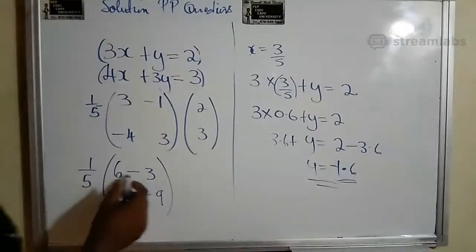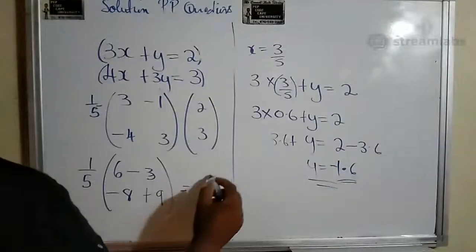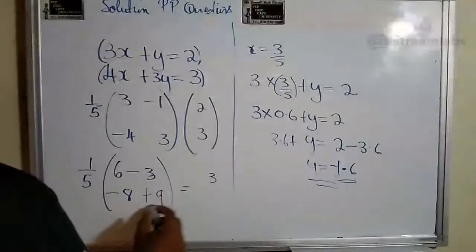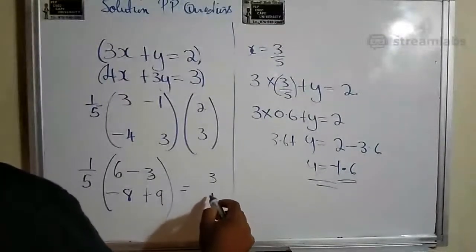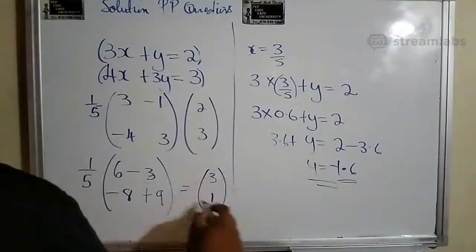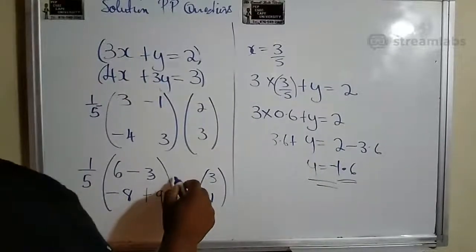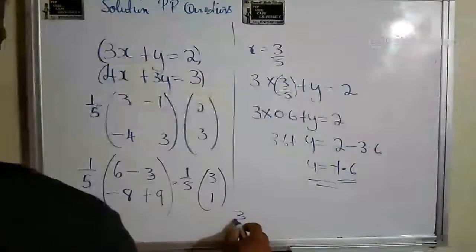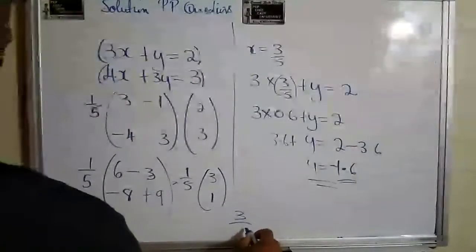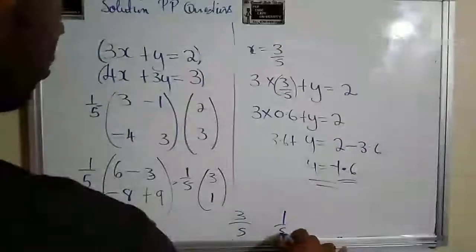So 6 minus 3, that will give us 3, and that will give us 1. I think something went wrong, you know. So this is 3/5 and 1/5, but that's not what we got earlier.